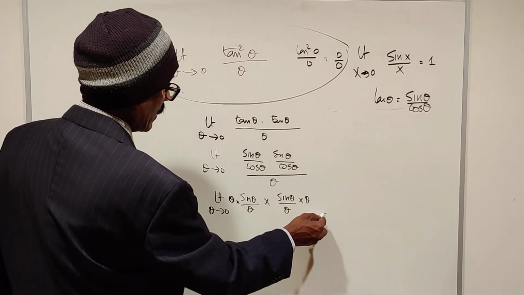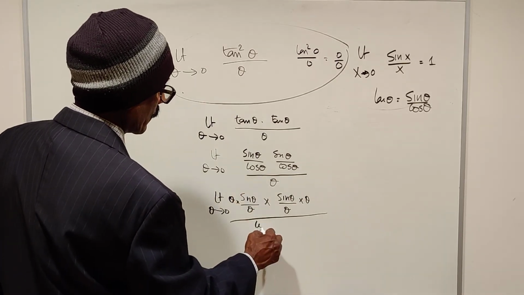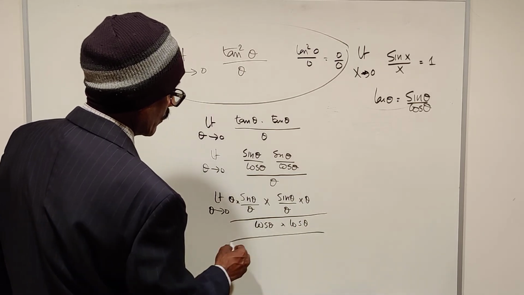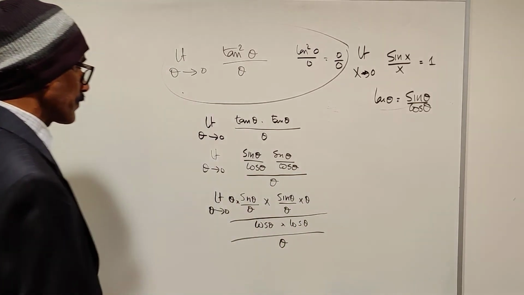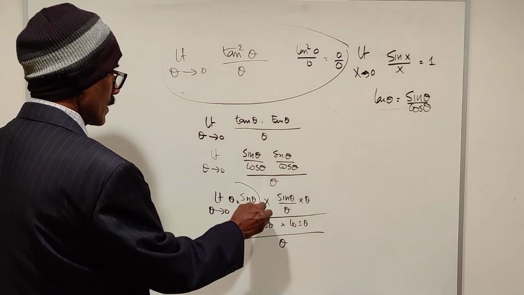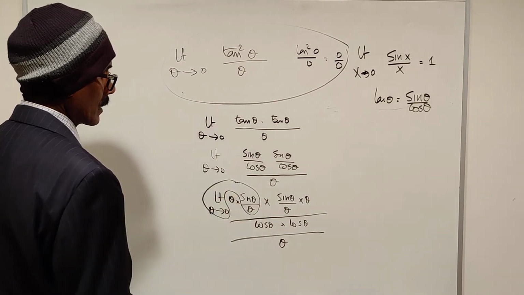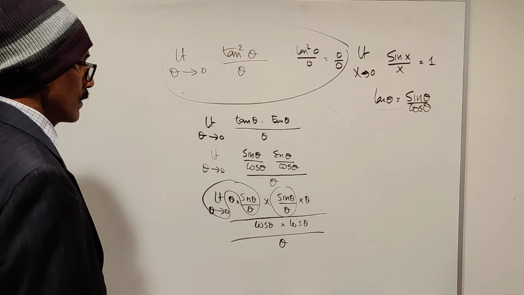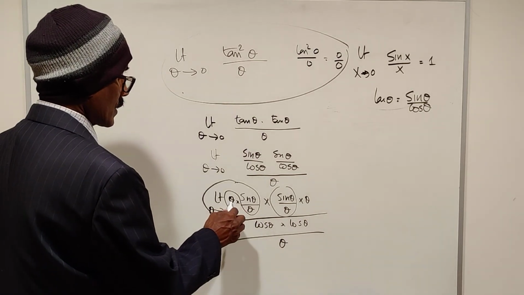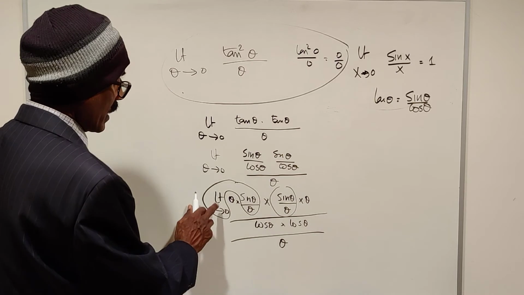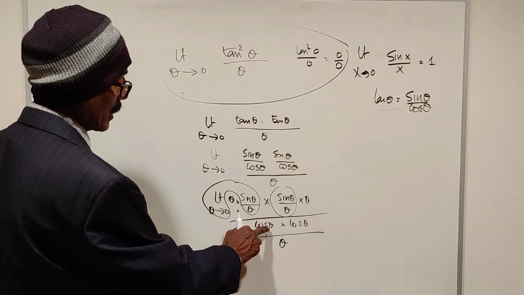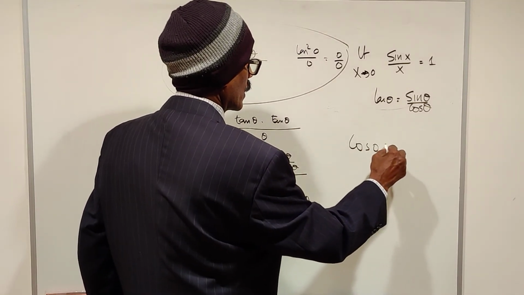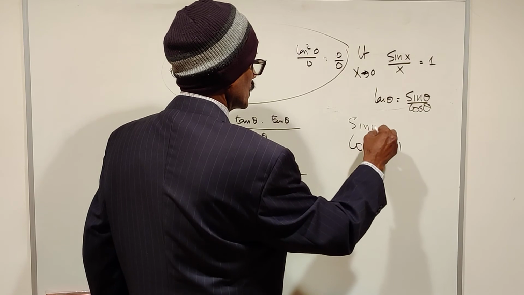Then divided by cos theta, times cos theta, divided by theta. Okay. See, this one is 1. This one is also 1. When you apply theta equals 0, cos 0 is 1, sin 0 is 0.